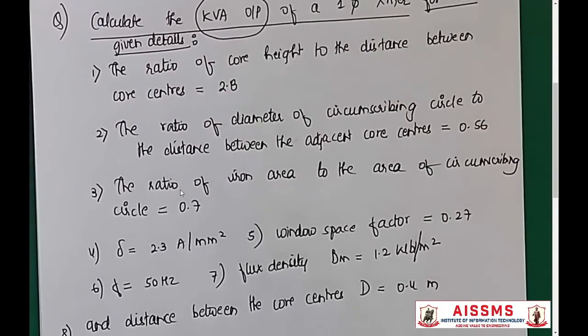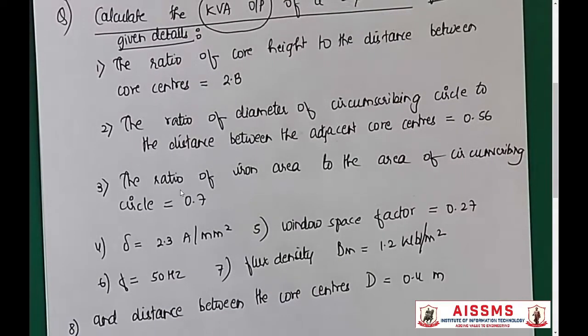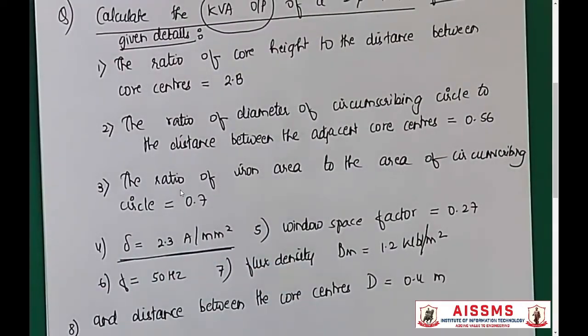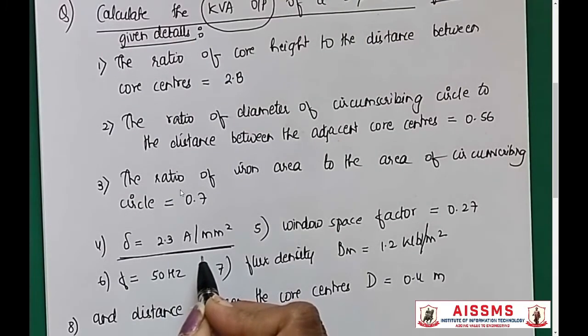Before beginning the numerical, we have to first see whether all the units are in the standard form. If we go through the numerical, we see that for current density, the unit given is ampere per millimeter square. But according to the standard units, it has to be in ampere per meter square.